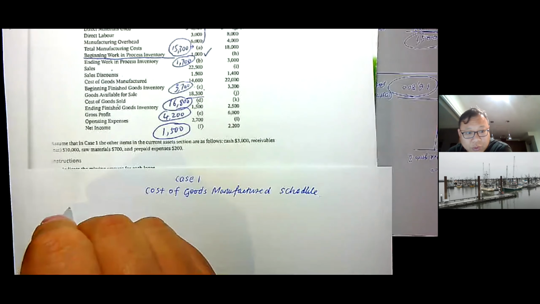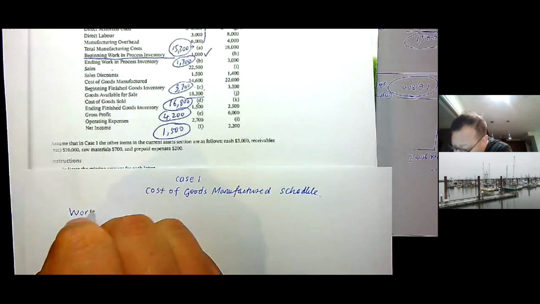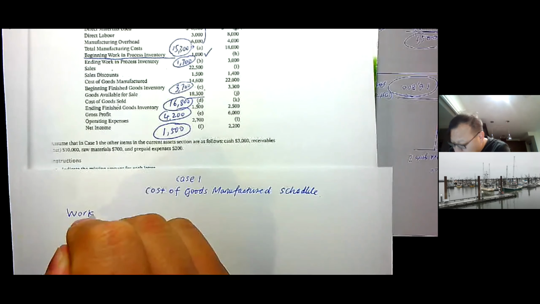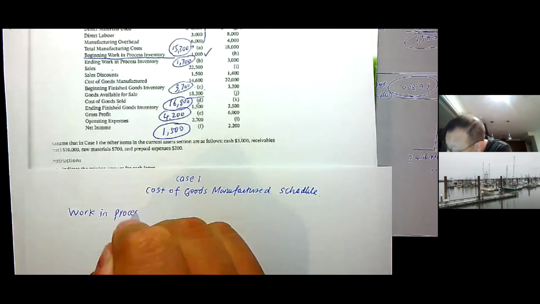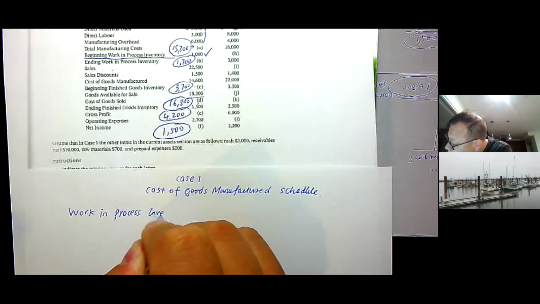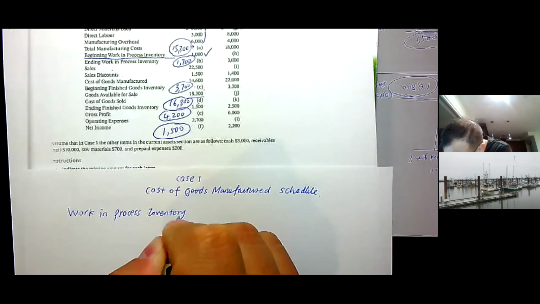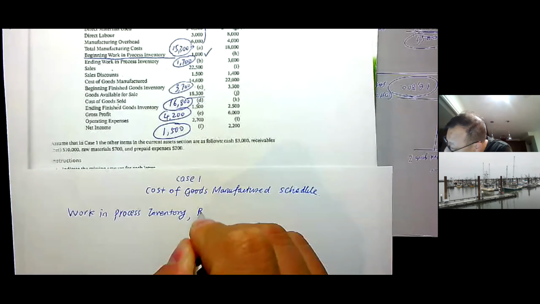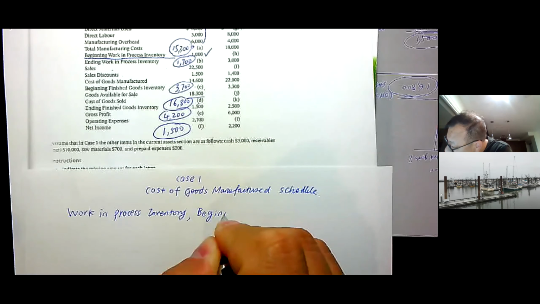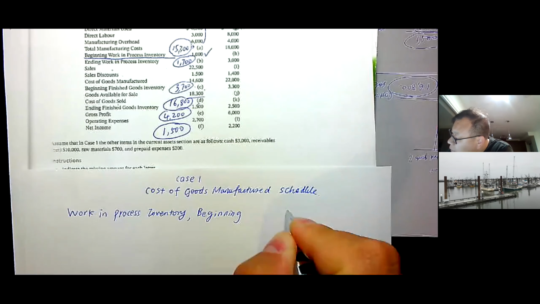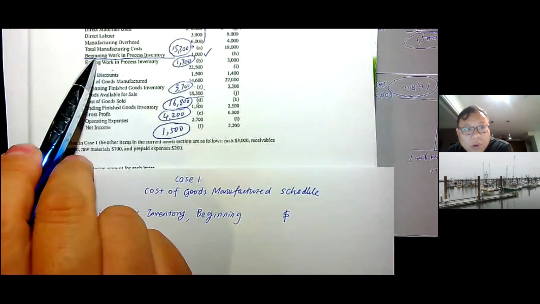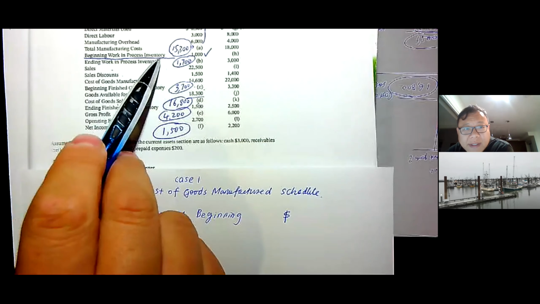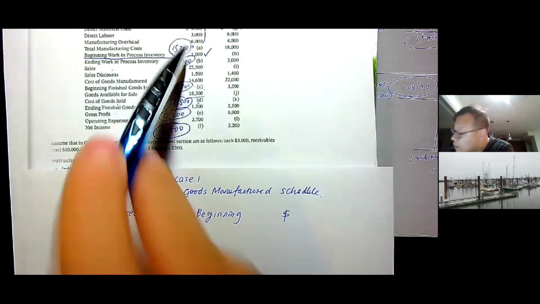So when you solve the problem, you have to follow this format. So work in progress inventory, the beginning balance. In this case, we know the beginning work in process inventory, that's 1,000.